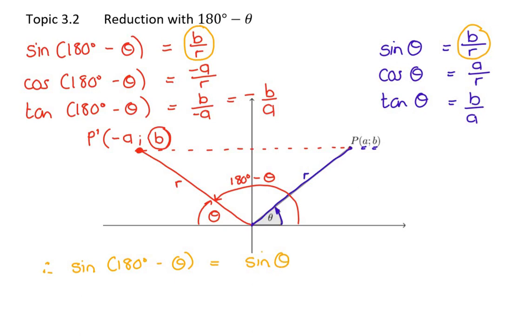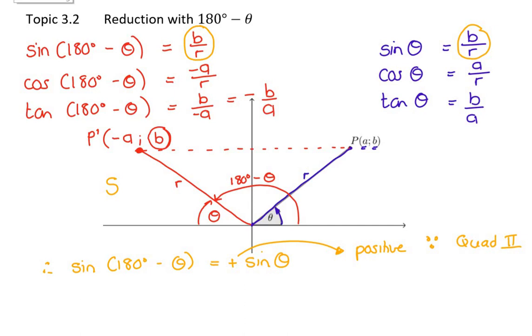Those are equal. It's equal to the positive version. That should make sense because I'm working in quadrant 2 and the sine ratios are positive in quadrant 2. So let me write myself a note here. This is positive because I'm working in quadrant 2, and sine of an angle in quadrant 2 is positive.